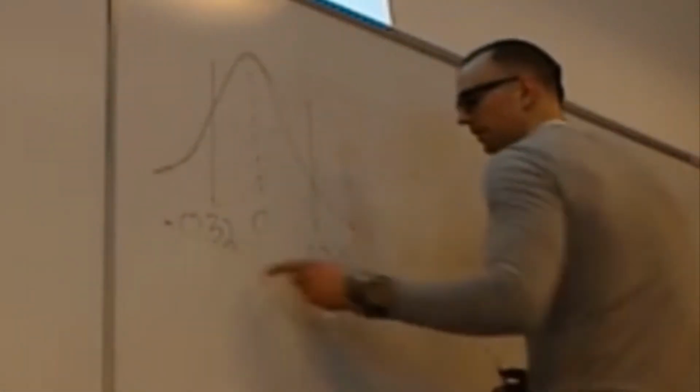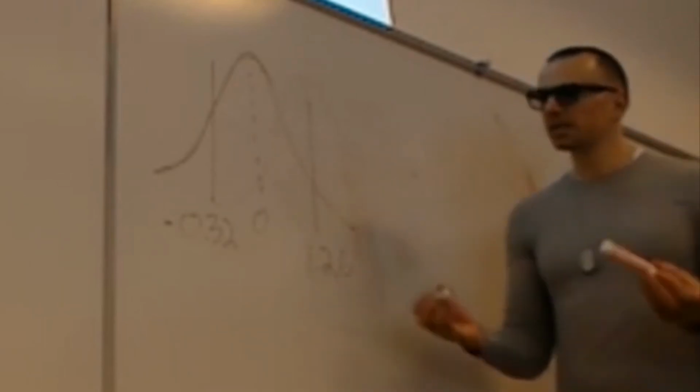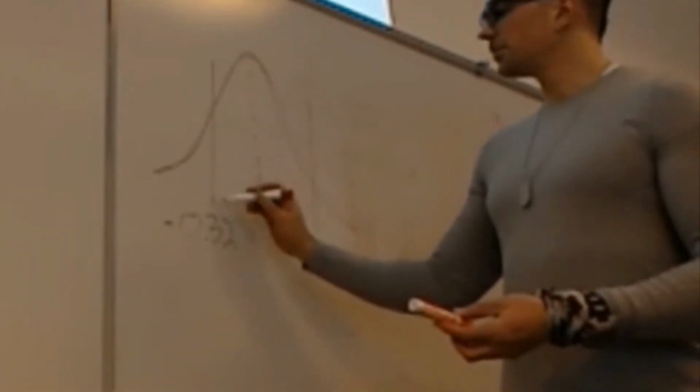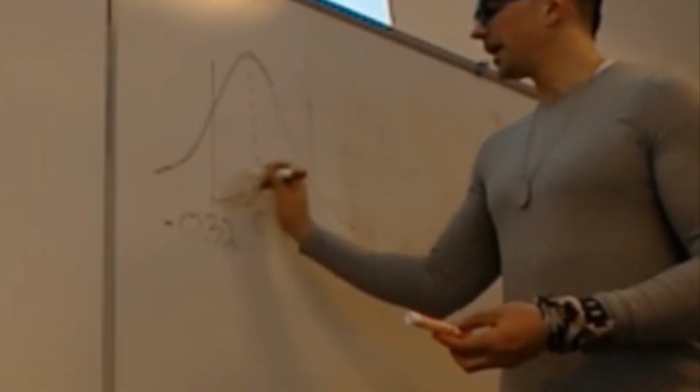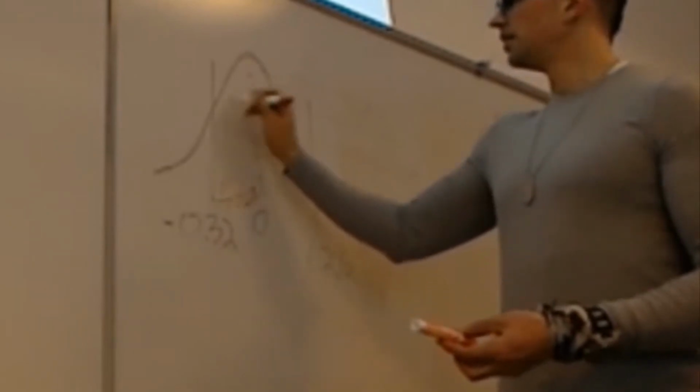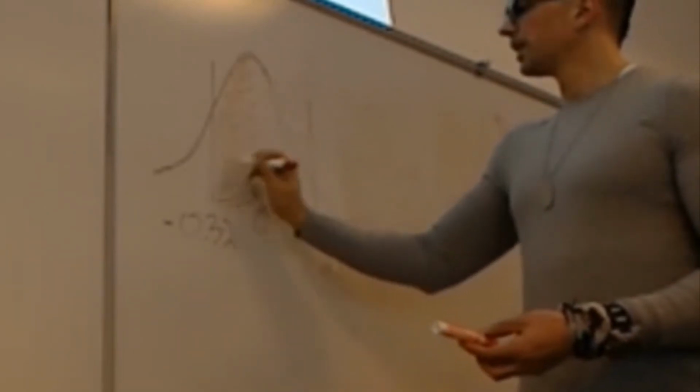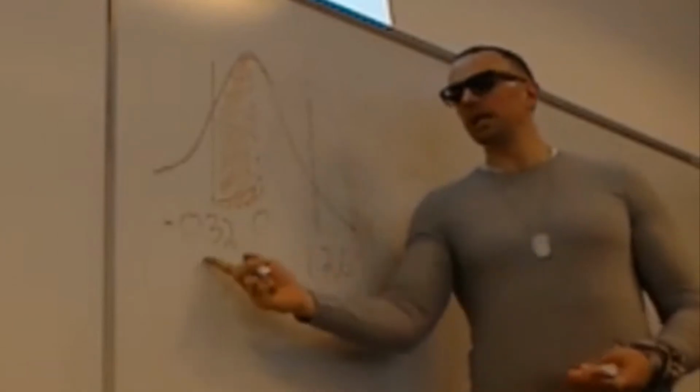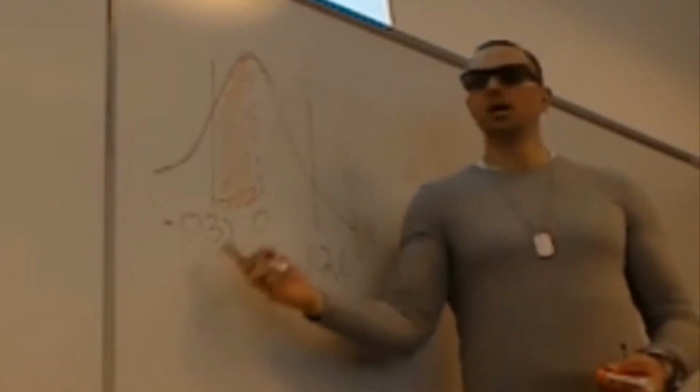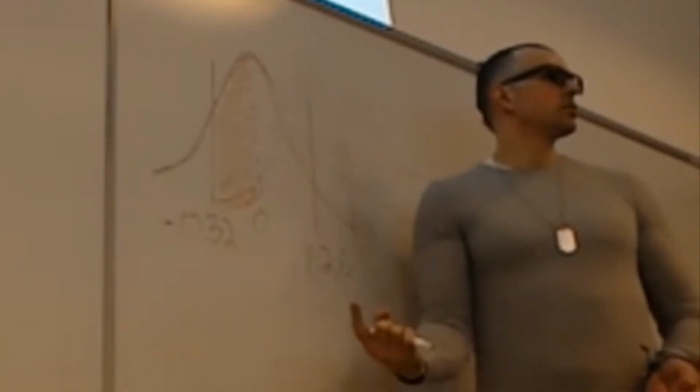So if we want this entire area, the area between minus 0.32 and 1.26, if we shade in this part here, we can see that part of that area is the percentage between the mean and minus 0.32. We can look this up directly in the table, right?